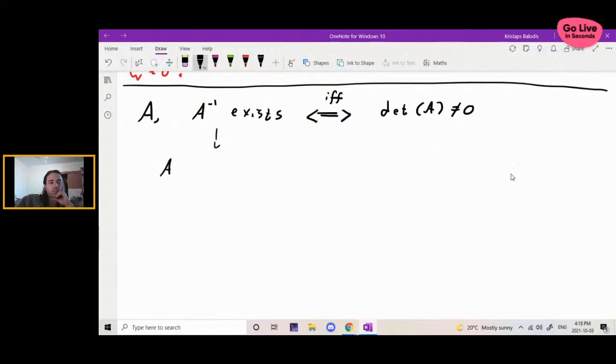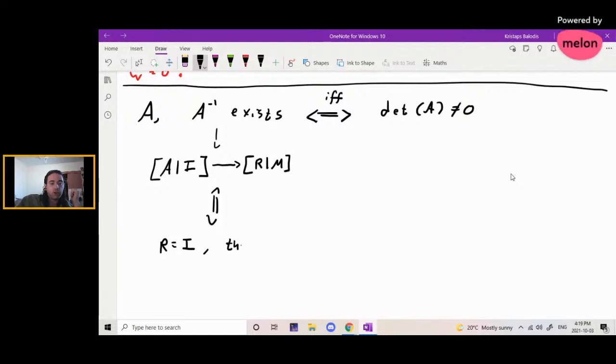So we know that if we start with the augmented matrix A and then the identity matrix on the other side, and if we do row operations to get A into its reduced row echelon form, and then we get some matrix M on the right here, well, then we know that we have this other statement that A inverse exists if and only if the reduced row echelon form of A is equal to I. And then in which case, we know that M is going to be A inverse. This is going to be the matrix that we're looking for.